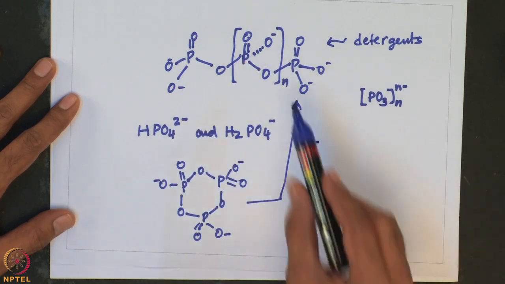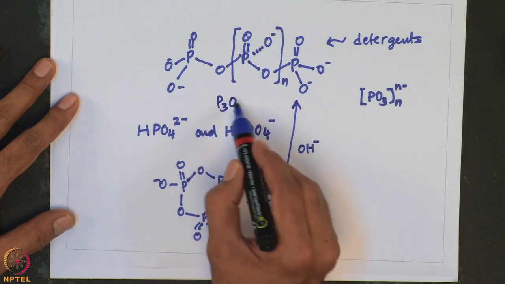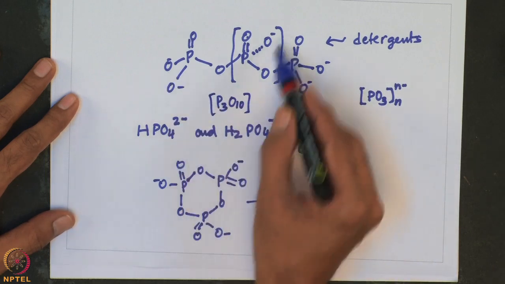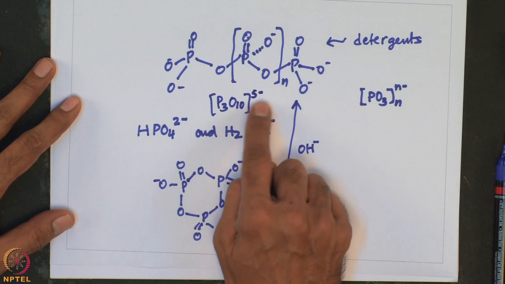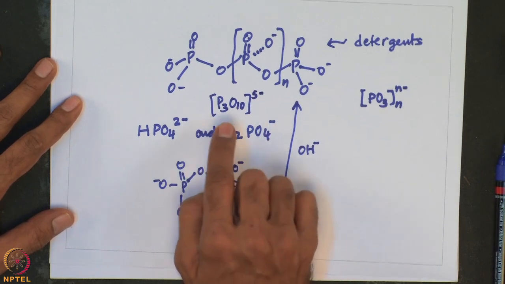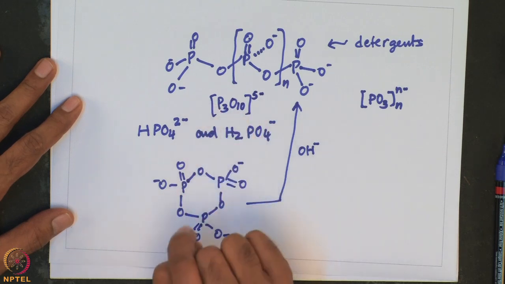So, this is essentially P3O10. You can count the charge now: 1, 2, 3, 4, 5, 5 minus, one can write. Even if you do not know the charge here, once we know the composition, we know that in these compounds the oxidation state of phosphorus is 5. So, that we should be able to write here.